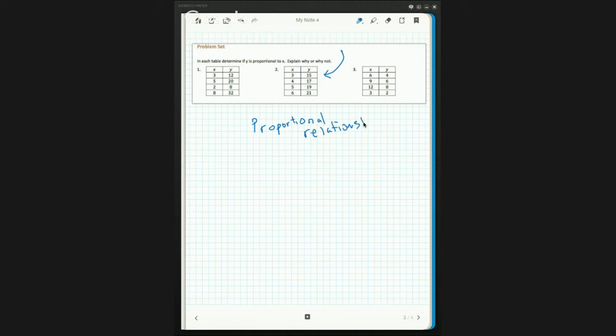And as we've been talking in class for the last 2 lessons, the answer will be yes, if the constant of proportionality is the same.